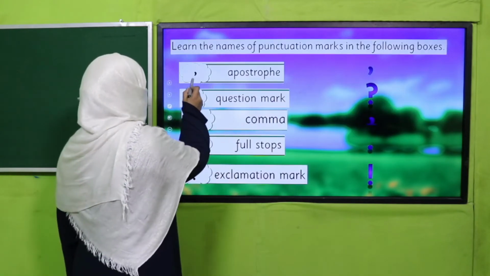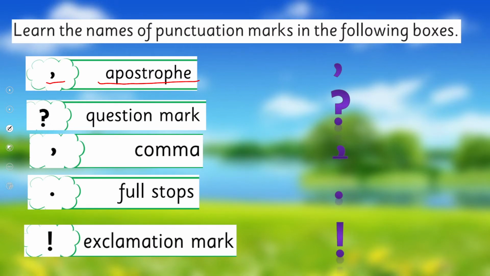The first is apostrophe. An apostrophe is a small comma which is written above the letter. For example, if I want to say Ali's, I will write Ali, and I will put the apostrophe over here, and I will write S. Now this apostrophe sign is telling something which belongs to Ali.